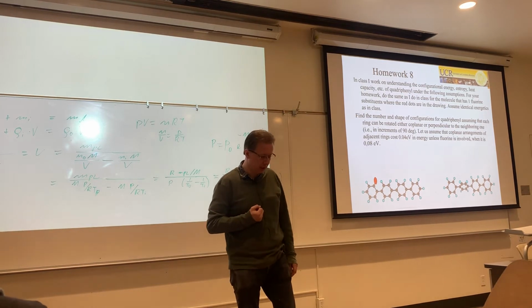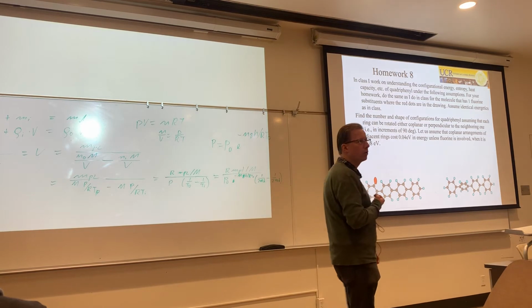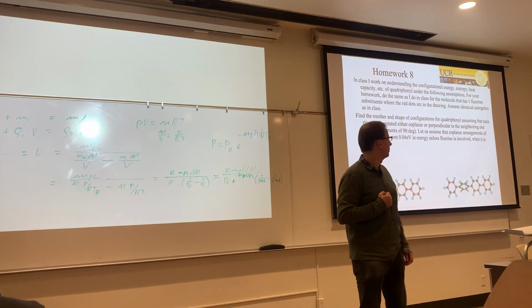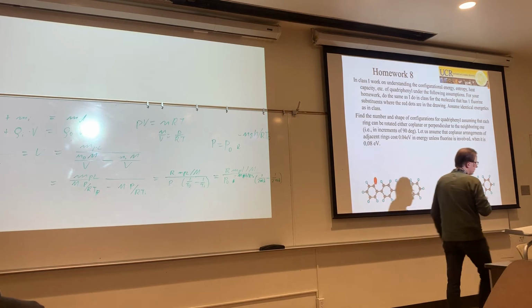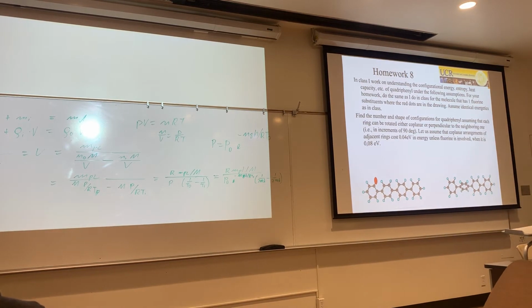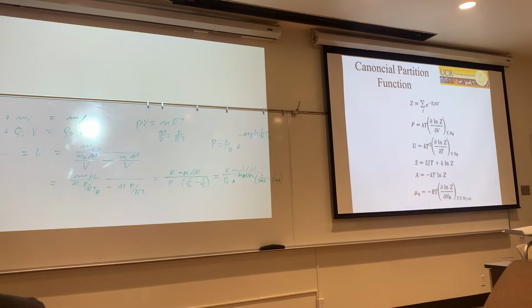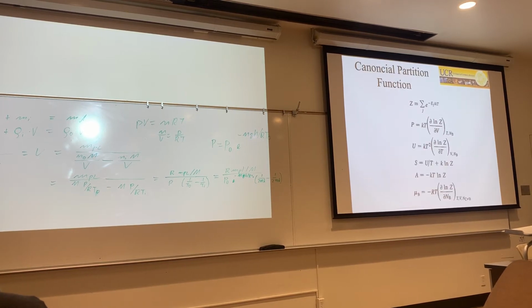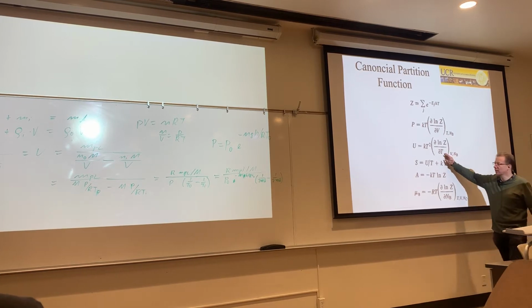Because I think that gives us a good idea about how we need to work with this statistical mechanics approach, this kind of average and this way of looking at the functions. We looked at Z and we looked at U the last time.